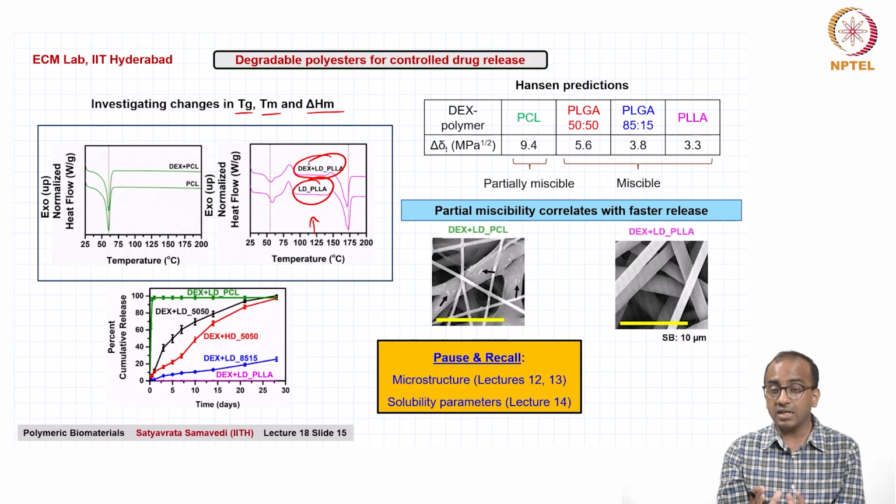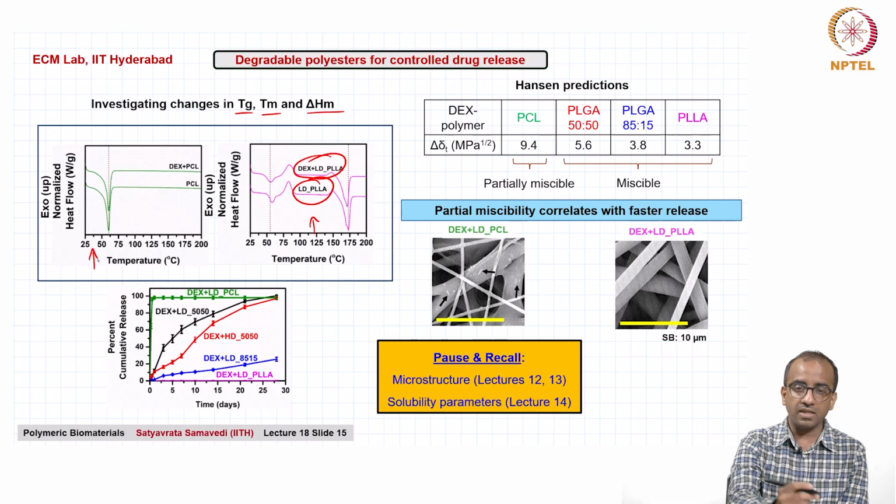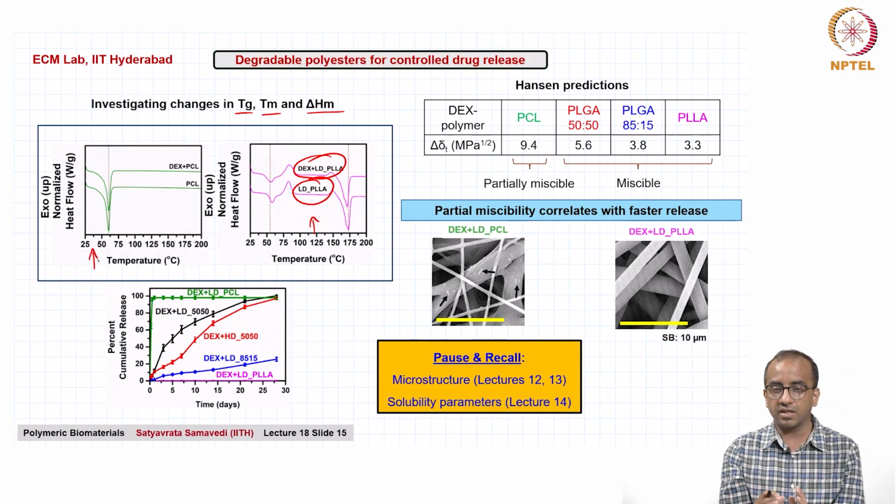So, those in turn indicate the presence of possible interactions stabilizing the drug in the amorphous state in PLLA, which led to very slow release, also suggesting the potential absence of interactions in the case of polycaprolactone.